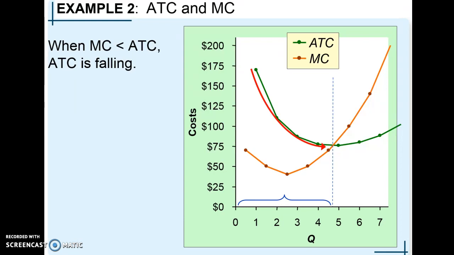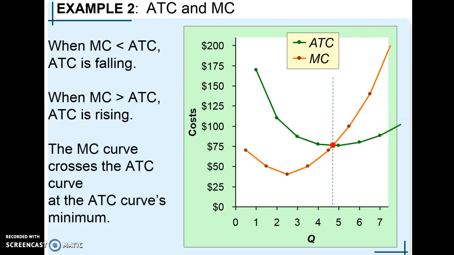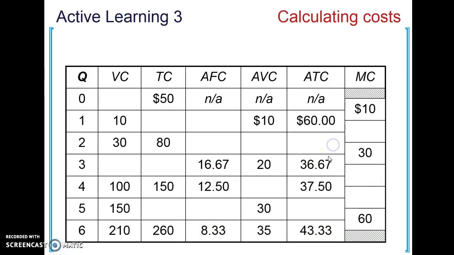So here, when your marginal cost is less than your average total cost, your average total cost is falling. When your marginal cost is greater than your average total cost, your average total cost is rising. The marginal cost curve crosses the average total cost curve at the average total cost curve minimum.